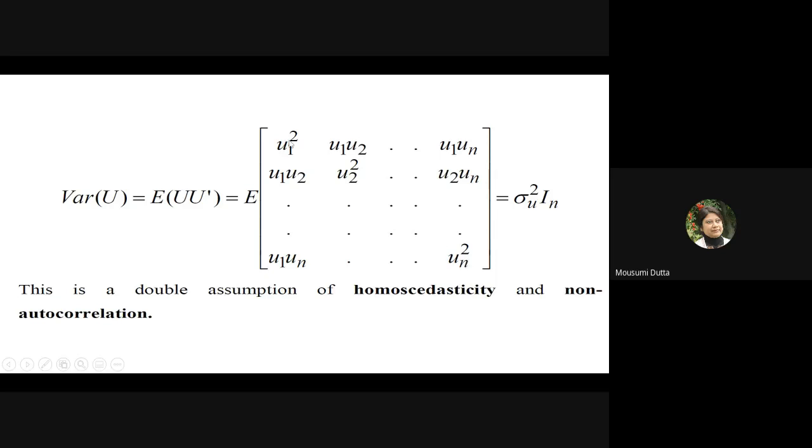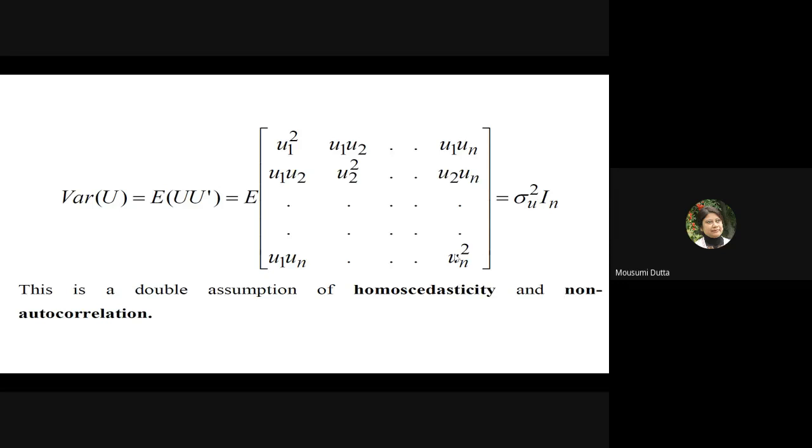This is nothing but the assumption of homoscedasticity. Already you are familiar with the idea of heteroscedasticity. If we consider heteroscedasticity, the variance of u1 will be different from that of u2, which will be different from that of un. That is the idea of heteroscedasticity.